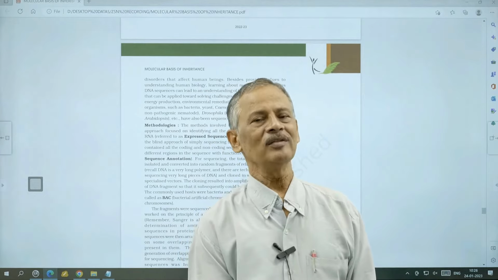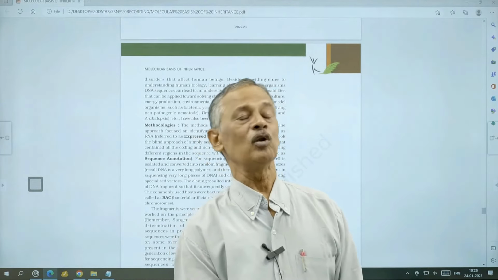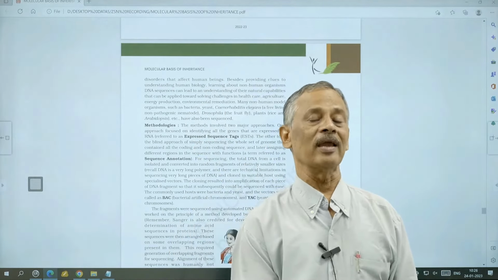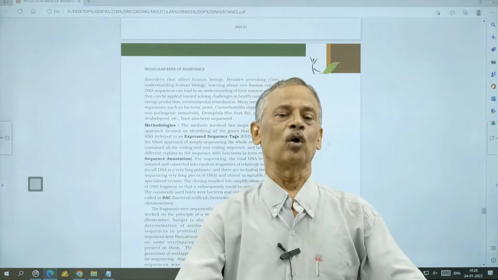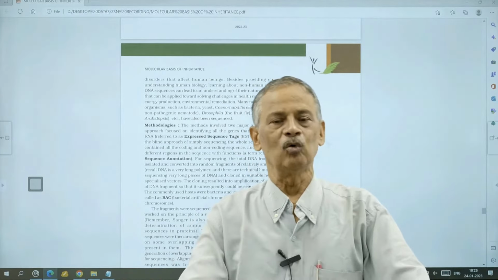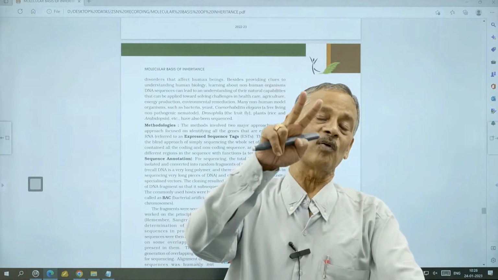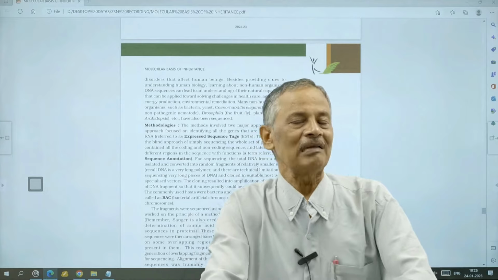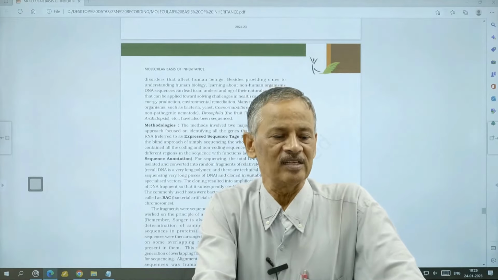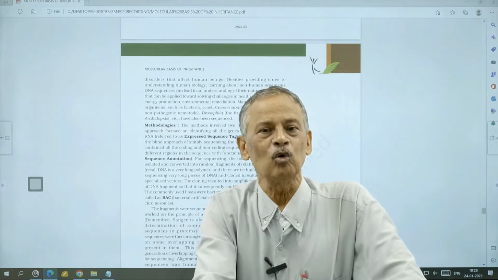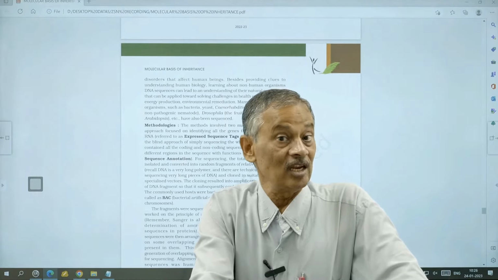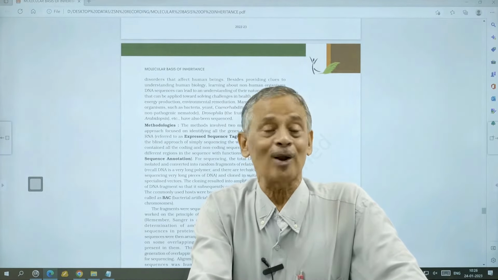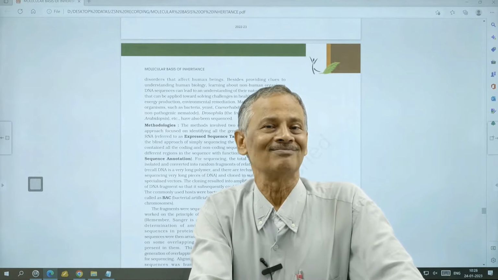But only then did we come to know that it would not give completely accurate knowledge of our genome, because only 2% of our DNA codes for mRNA. So even if we completely study all the mRNAs, we will get information on only 2% of our genome. 98% of our genome does not code for any protein.